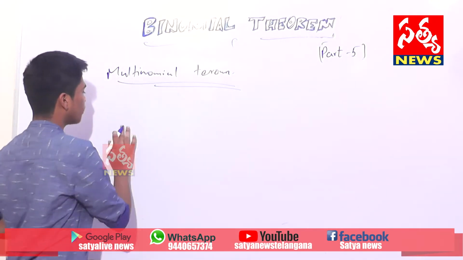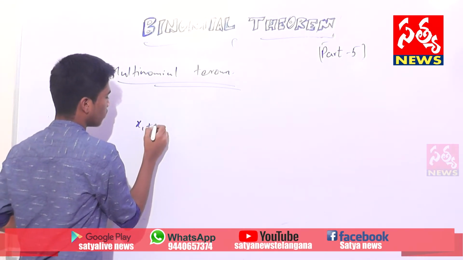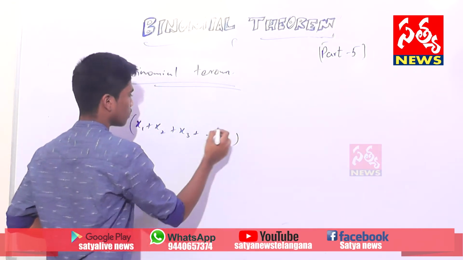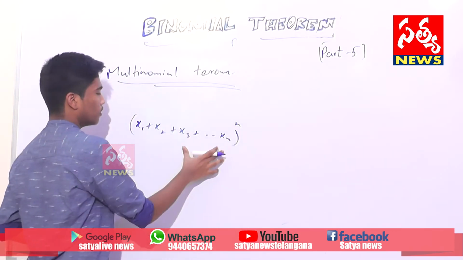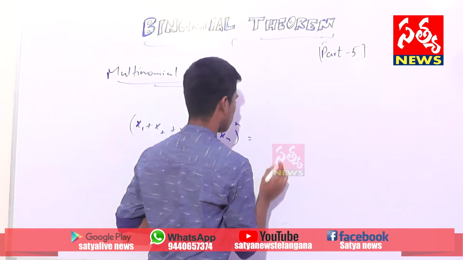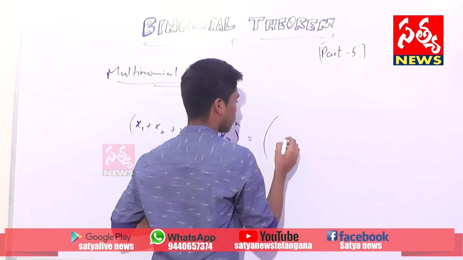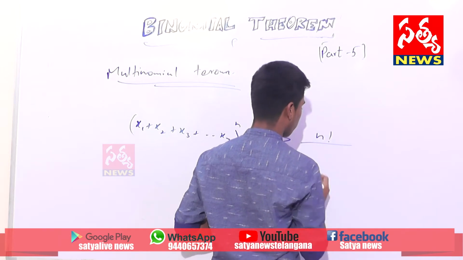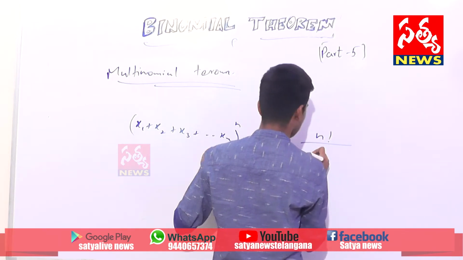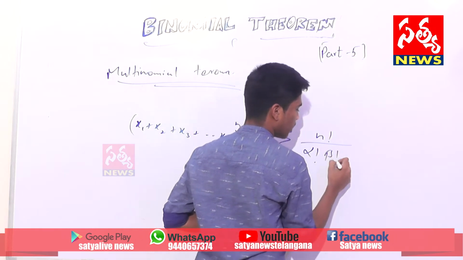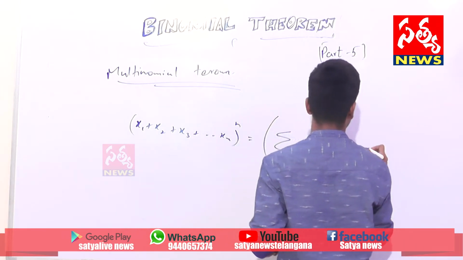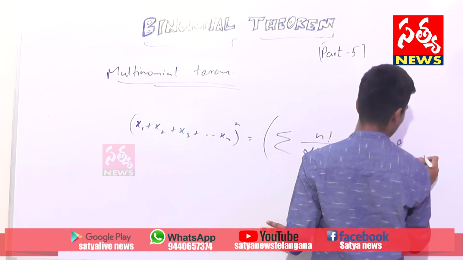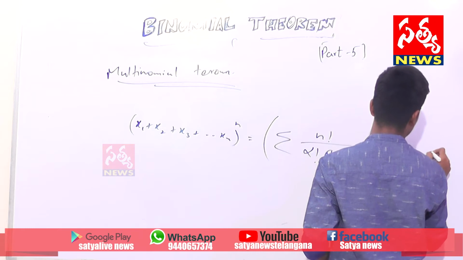Let's see how to expand a multinomial expression. Let us assume this as a multinomial expression, and the expansion is the summation of n factorial by alpha factorial, beta factorial, gamma factorial into x1 power alpha, x2 power beta, plus so on, xn power k.